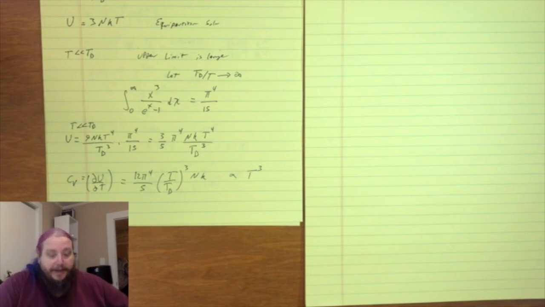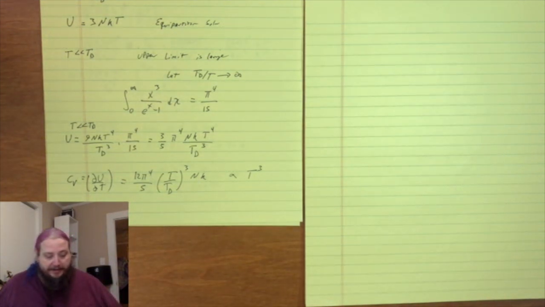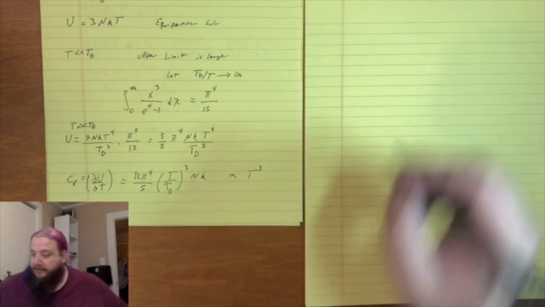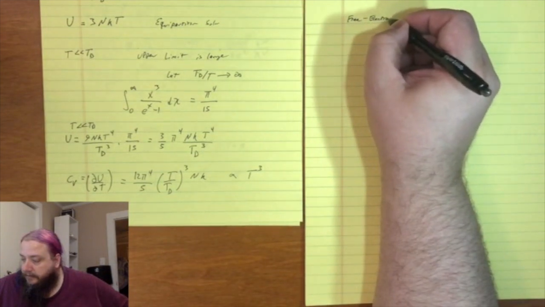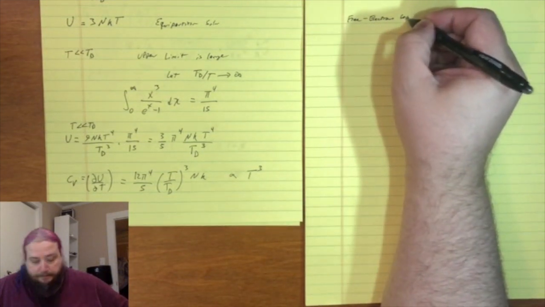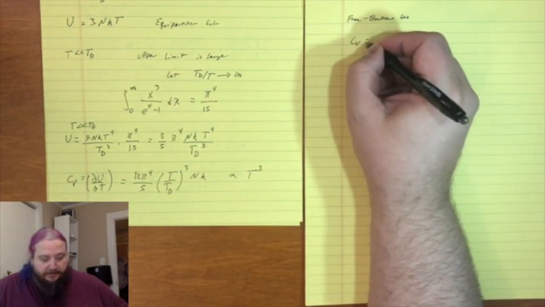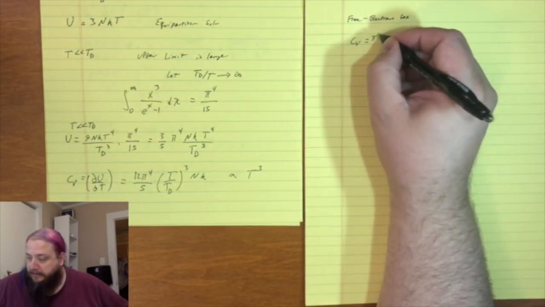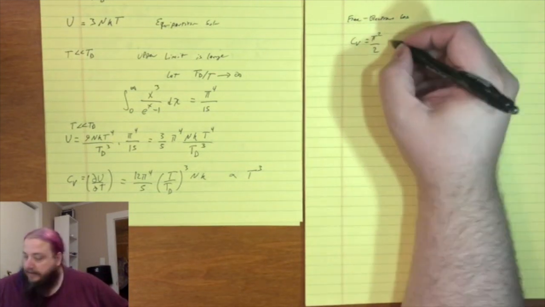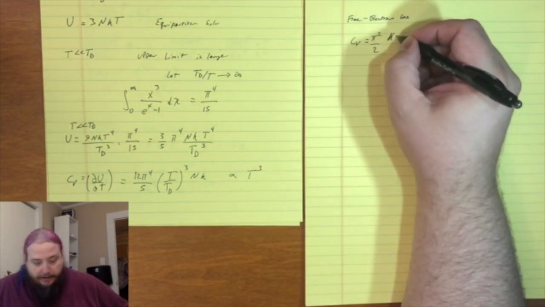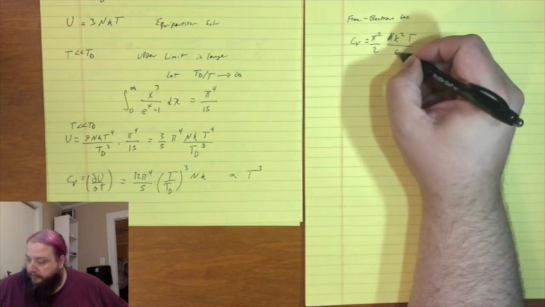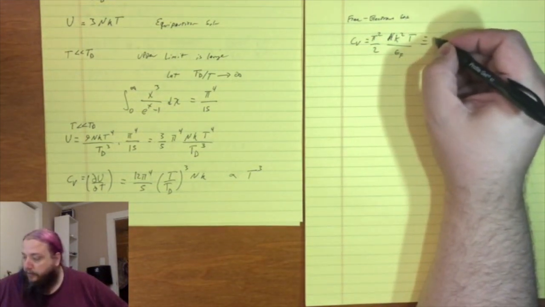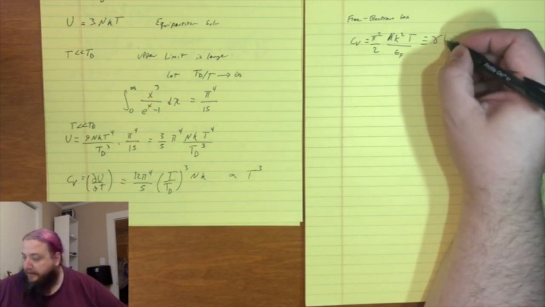When we talked about the Maxwell distribution, we looked at the heat capacity for free electrons and found for our free electron gas that the heat capacity could be written as pi squared over 2 n k squared T over the Fermi temperature, or some constant gamma times T.